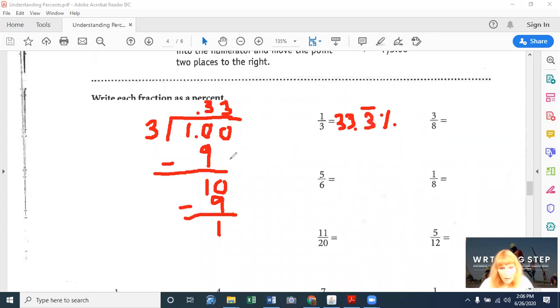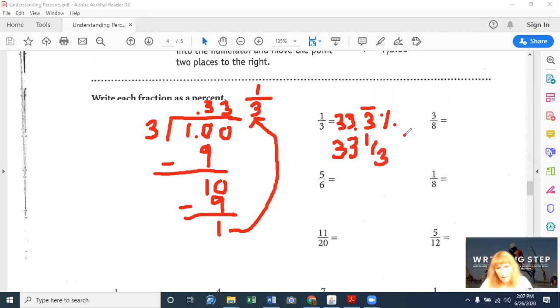Your answer book will actually write it like this. It will take the remainder after you've gone to 2 decimal places, and it will bring it up to the top and make the remainder become the numerator, and it will make the 3 become the denominator. So another way of writing this is 33 1/3%.